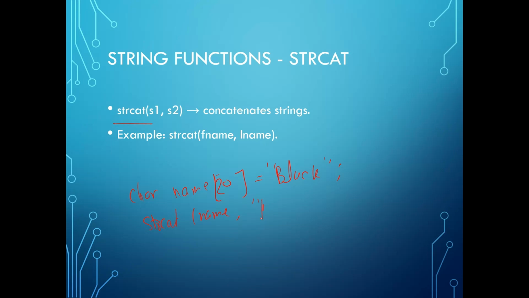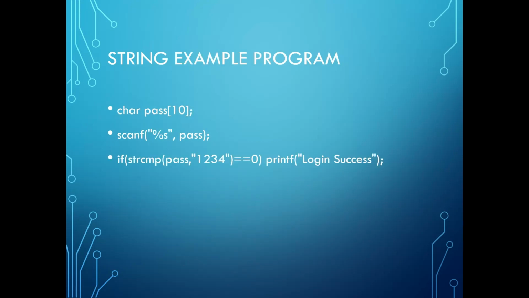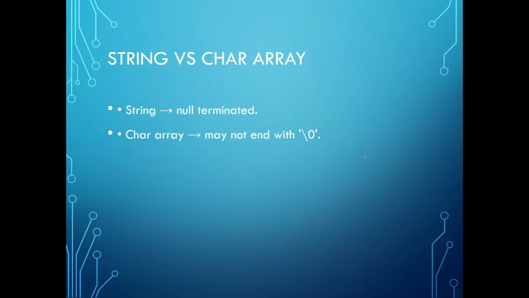You want to add it, so this will concatenate with the back one, and it would become black robot. This is what you will get. You can try by yourself. This is a small program. We have talked about a simple login check using strings. You pass it here, compare, and you will get login successful.